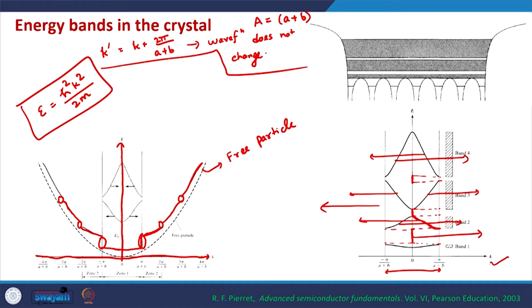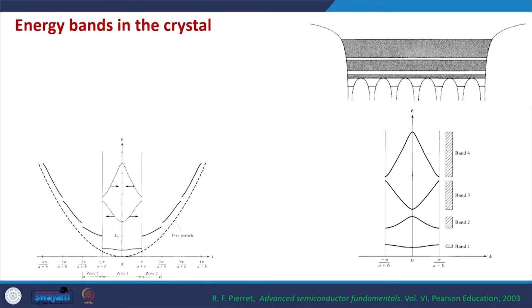So, it is a parabolic relationship, which we can also see here. Okay. So, we have the E-k relationship for a free electron, an electron which is free from all interactions, and we have the E-k relationship for an electron in a 1D solid.